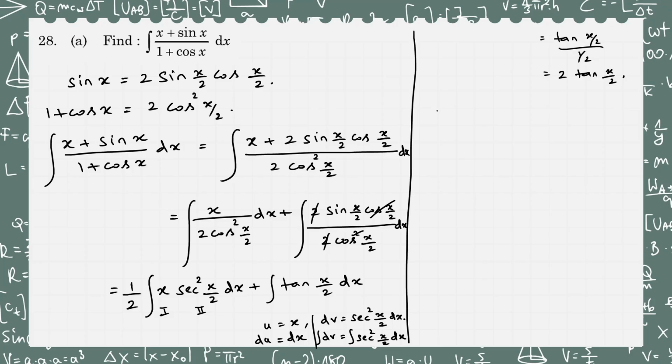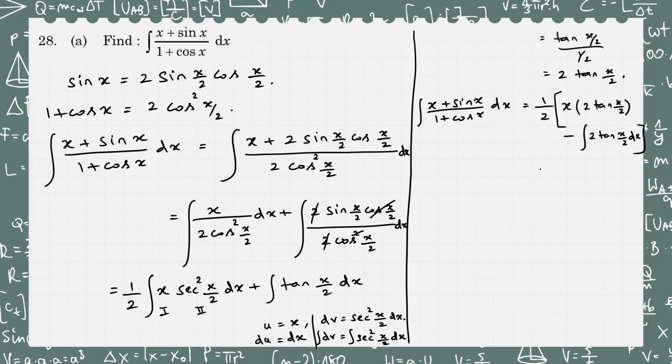So the answer for the integral of x plus sin x by 1 plus cos x dx will be 1 by 2 into the first function and the integral of the second function, which is 2 tan x by 2, minus the integral of the second function's integration into the first function's differentiation dx.